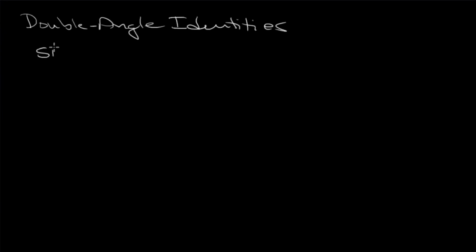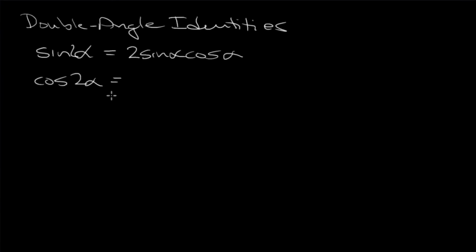The double angle identities, a summary of them, we just actually proved what they were. For sine of 2 times alpha, it's always going to be 2 sine of alpha, cosine of alpha. For cosine of 2 alpha, you have 3 possibilities. Just use whichever one works.